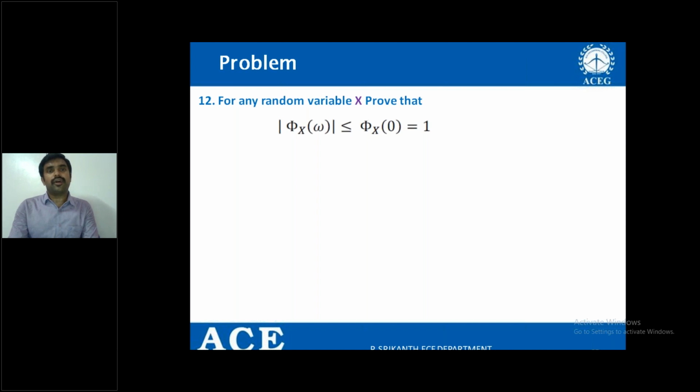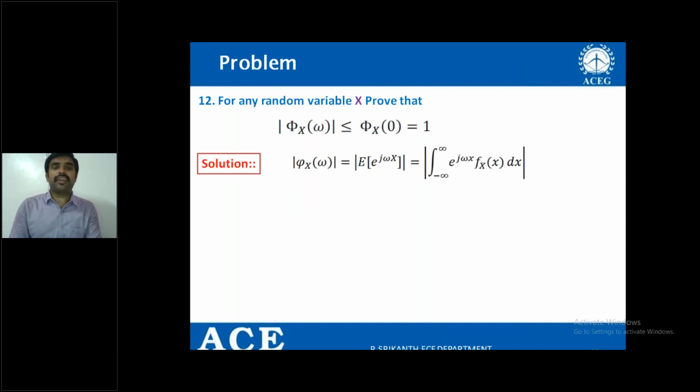How do you prove this? Yes, we know the formula for pi x of omega. First you write the formula. What is pi x of omega? Expectation of e power j omega x, or integral minus infinity to plus infinity e power j omega x into fx of x dx, and take the mod, right? So now I'm just taking the mod into the integration. So I can write it as integral minus infinity to plus infinity mod of e power j omega x into fx of x dx.